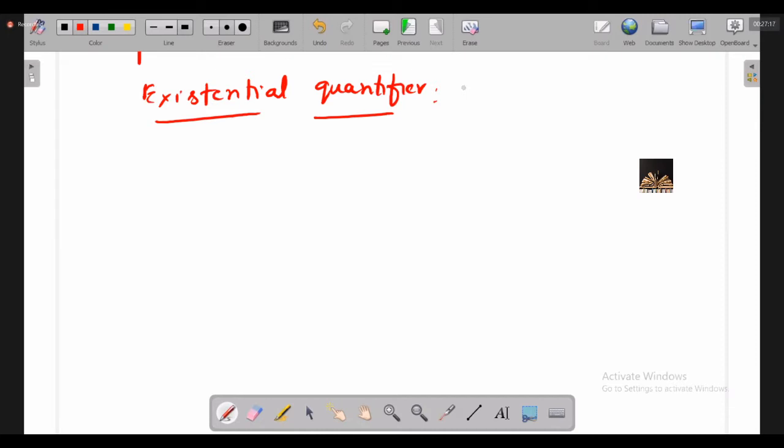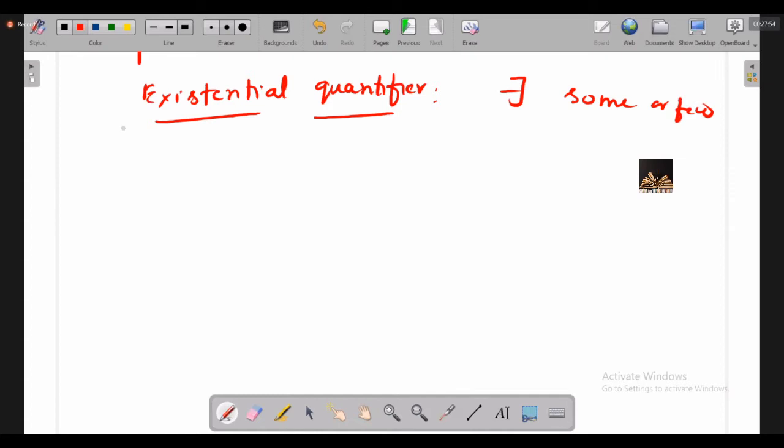If all are true, it is false. Only a few true, it is true. None true is also false. All true is also false. Only when a few cases are true does it become true. Not none, not all. The symbol is there exists. This indicates some or few.